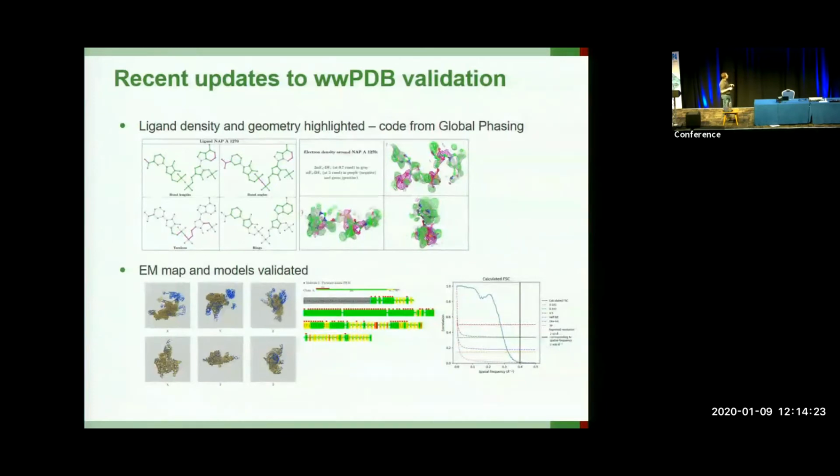Relevant to a lot of the discussions here, we will shortly be adding EM validation to the validation report. It is not there yet. It is coming very soon, including a load of pictures which will show you how well the model and the map match to each other. There are sliders here showing per-residue analysis of how these things overlap.